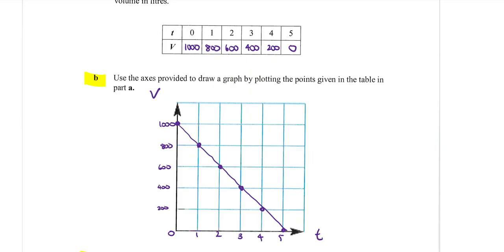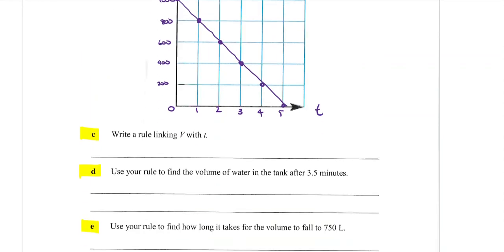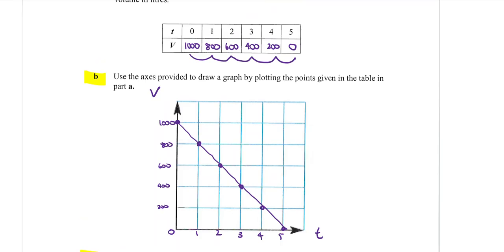So looking at that table, what is my gradient? What is the m? It's what these are changing by across here. Negative 200. Good. So the m is negative 200. The b is 1,000 underneath the 0. That's right.